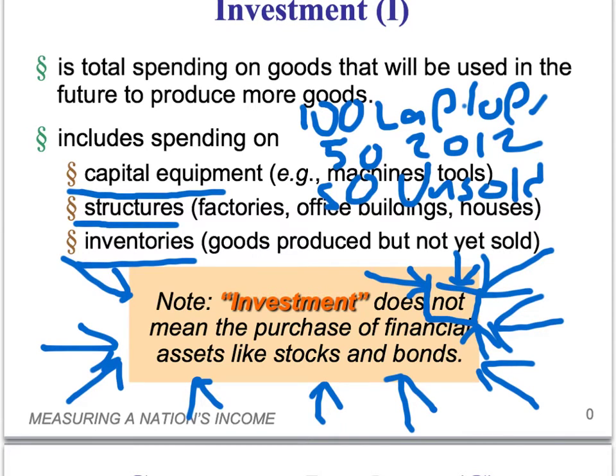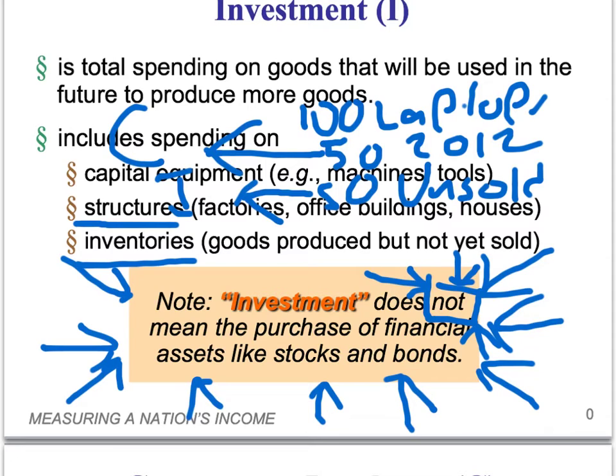These go to consumption. These ones go to investment, because they're part of inventories. So inventory is a huge part of investment.